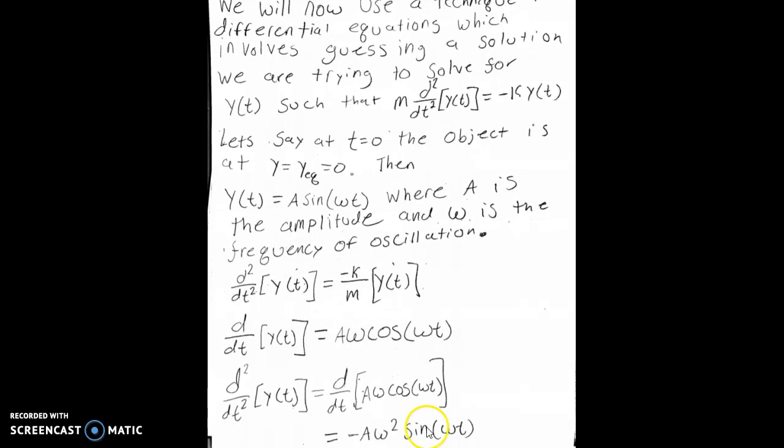We need the second derivative in order to properly use it in our equation. We do the same process and we get negative A omega squared sine omega t.